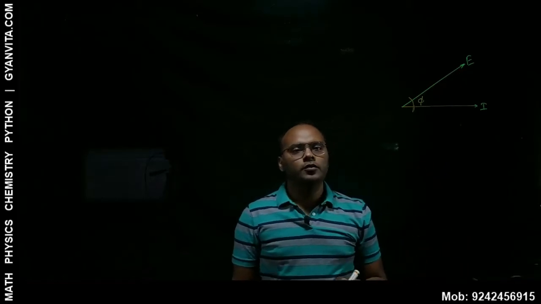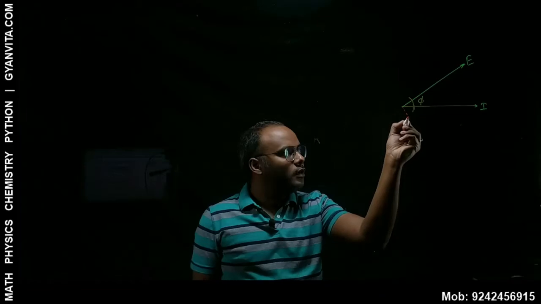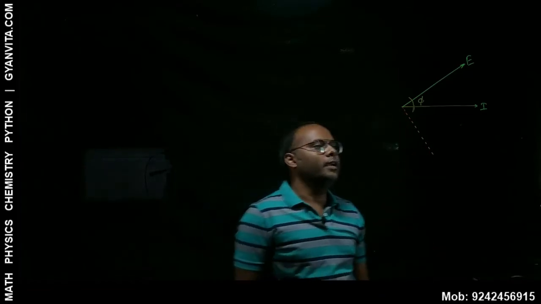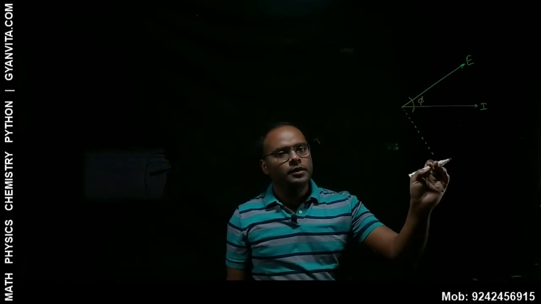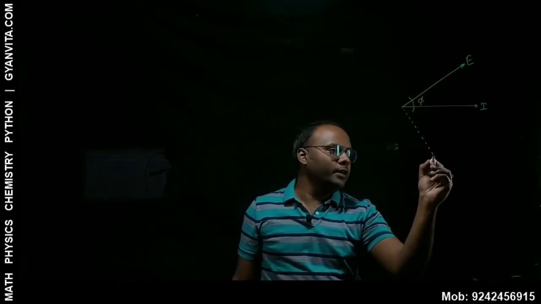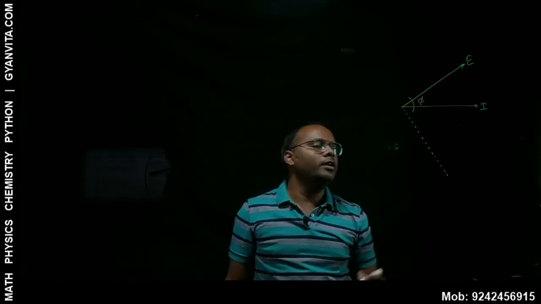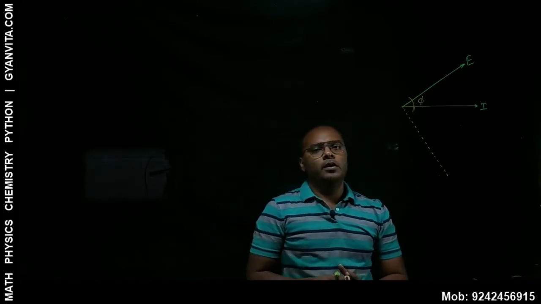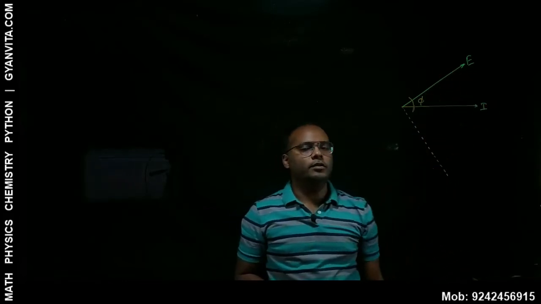So suppose we take it along E and we draw a line which is perpendicular to E. Why have we drawn this line? Because we want the component of I along E and the component of I perpendicular to E.